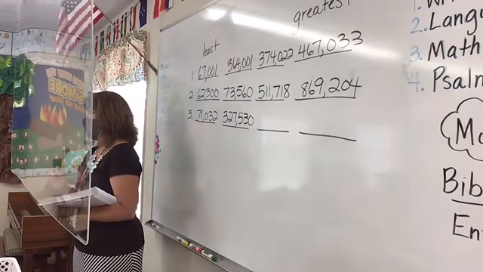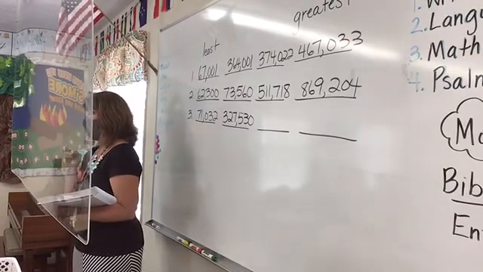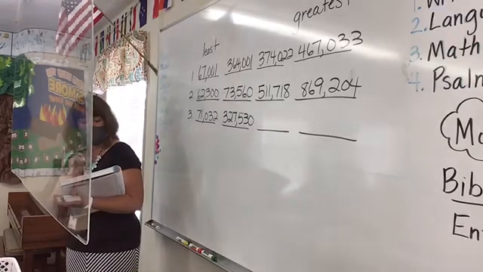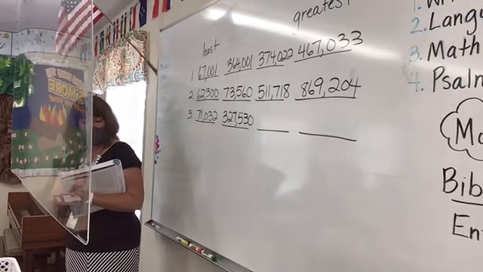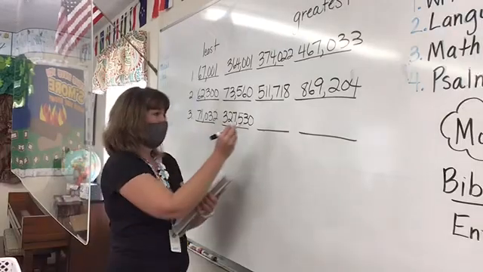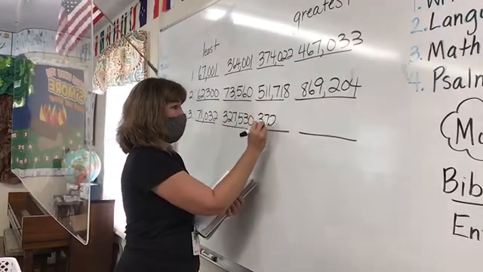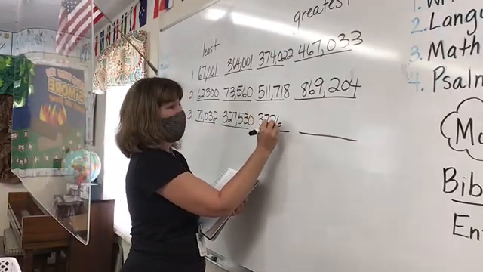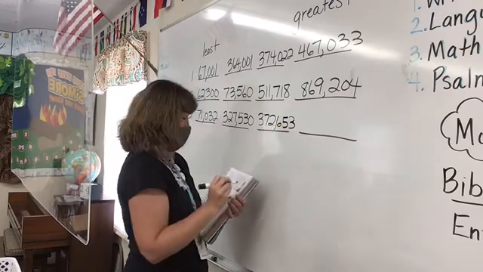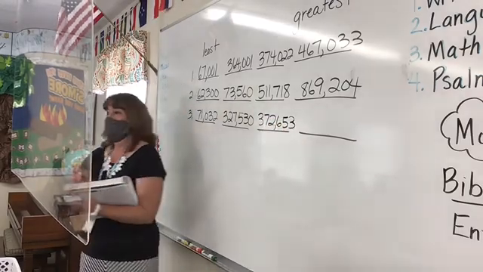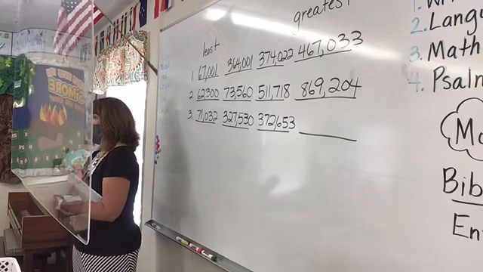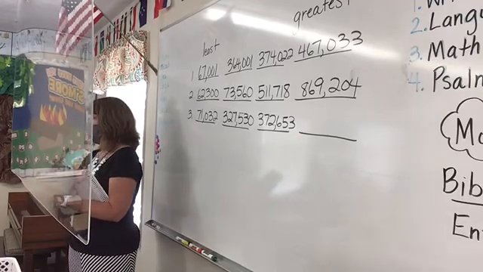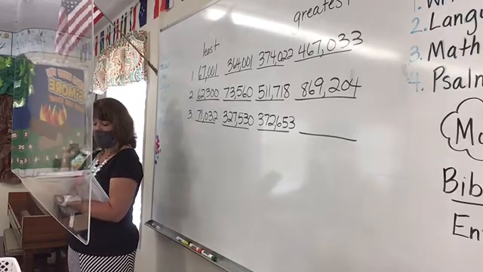Then what is the next biggest after that? Jana? 372,653. Very good. So there's only one number left, and that's the biggest. Noah, what is it?